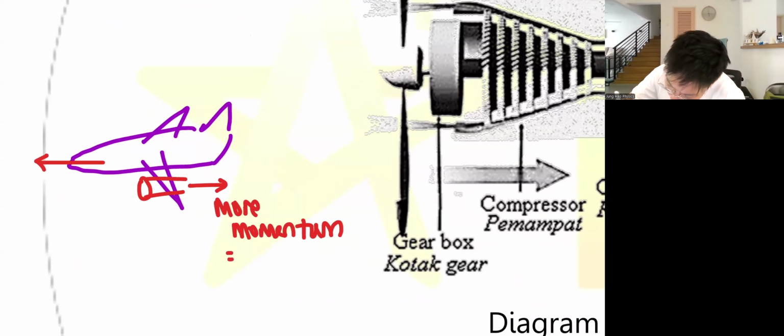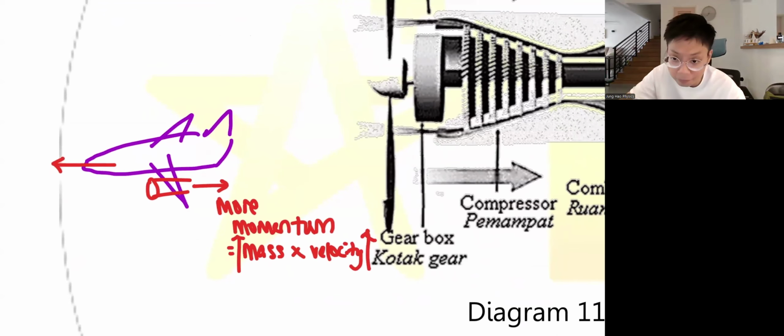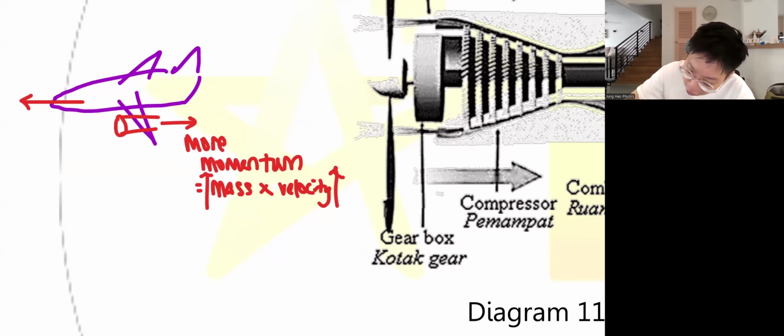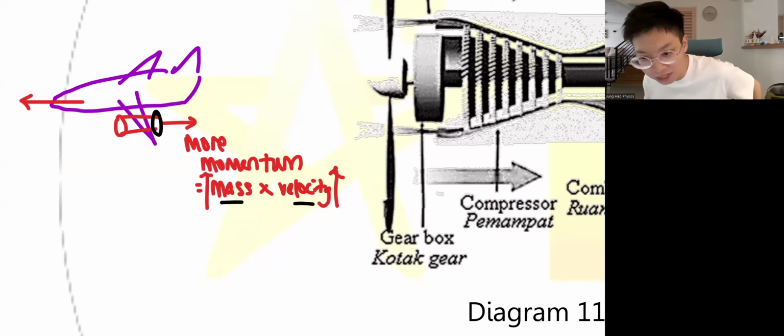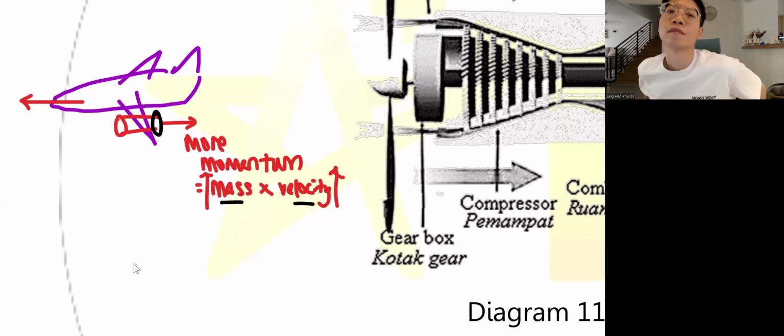The only ways you can do that are to increase the mass or increase the velocity, right? So if you make the back part here narrower, do you increase the mass or the velocity of the exhaust gas? You can only write these 2 answers, one or the other. So obviously you increase the velocity, right?